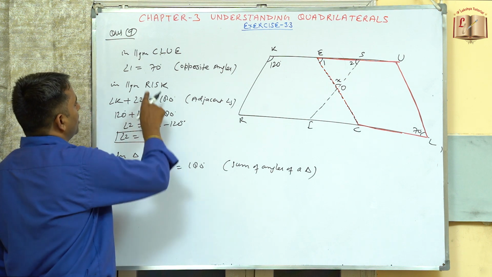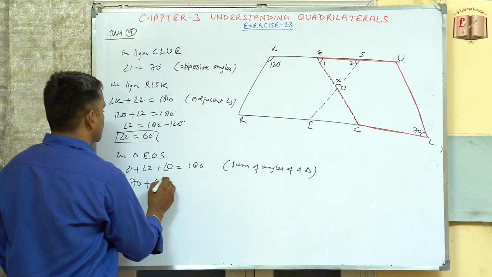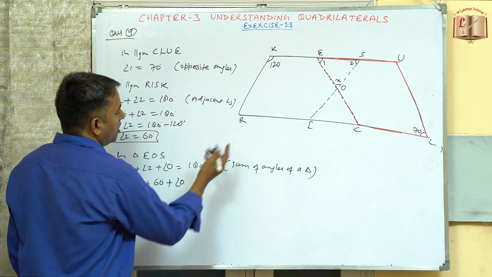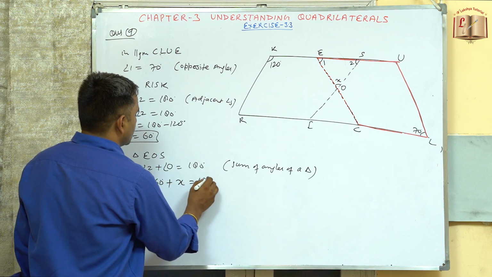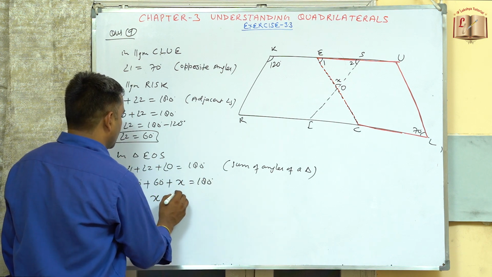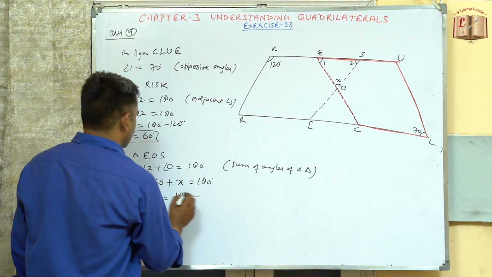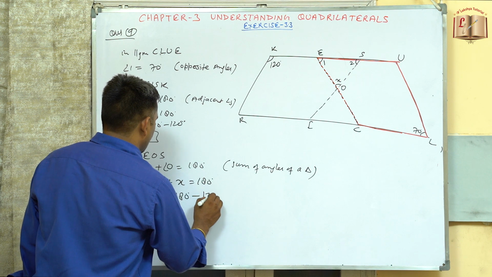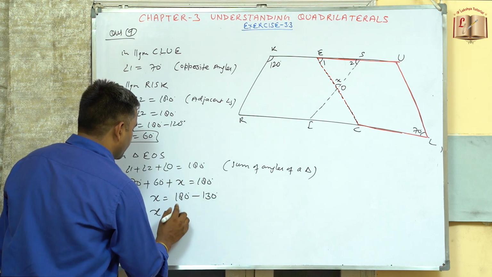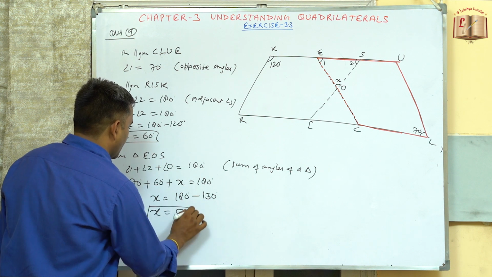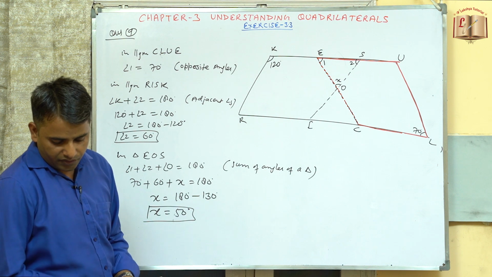So angle 1 we already got, angle 1 is 70, plus angle 2 is 60, plus angle O, which is already given as x, equals 180 degrees. So x will be 180 degrees minus the sum of these two, this is 130 degrees. So we got x equals 50 degrees. So the value of x is 50 degrees.